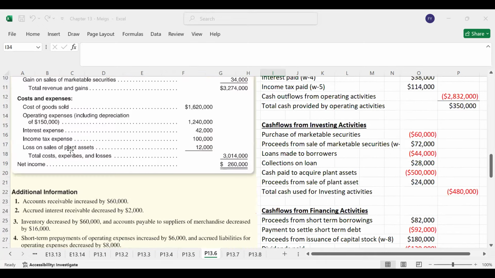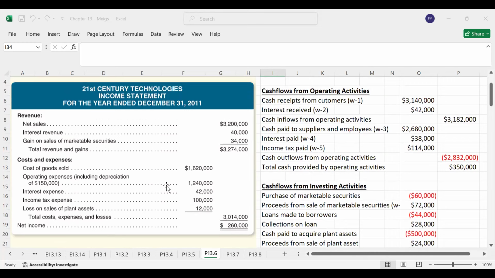You can see that the company's net income is $260,000, whereas the cash provided by operating activities is $350,000. So there is a huge difference between these two. What could be the reason? The primary reason why the cash from operating activities exceeds profit was the company's depreciation expense. You can see that the depreciation expense is $150,000.